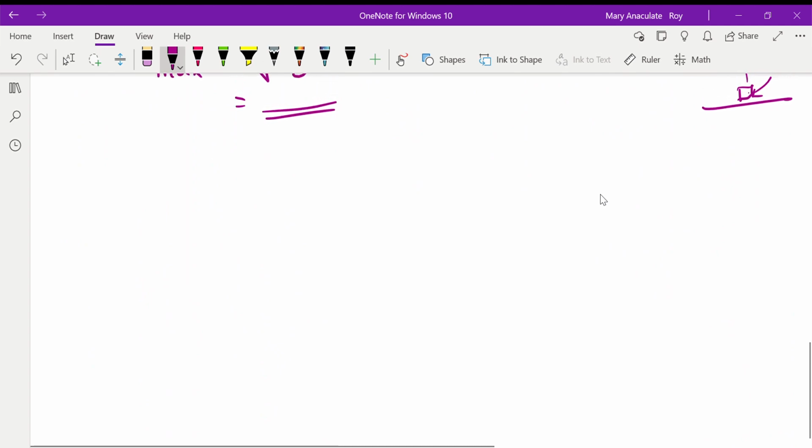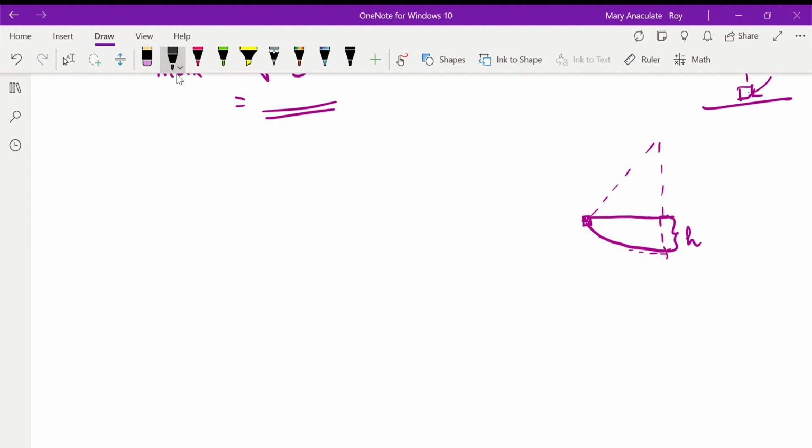If I draw that again, you have a sector here. This is the path of the object, and you have this at the same height. I need to find this height. Now if you make a horizontal line, you will notice that you get a right angle triangle here.